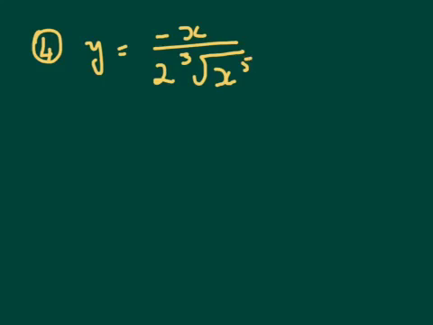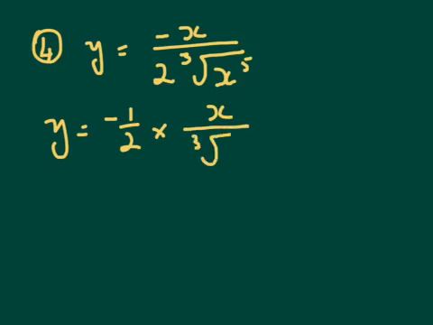Okay? Alright, first step. Let's get the negative out front and also the 2 out front. So that'll be negative a half times x on the cube root of x to the power of 5.